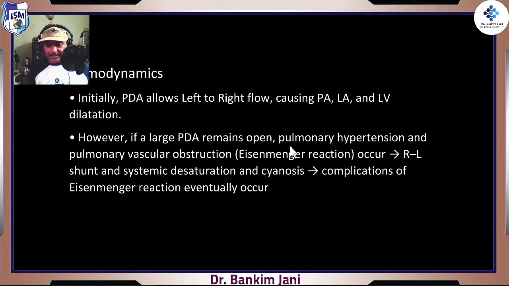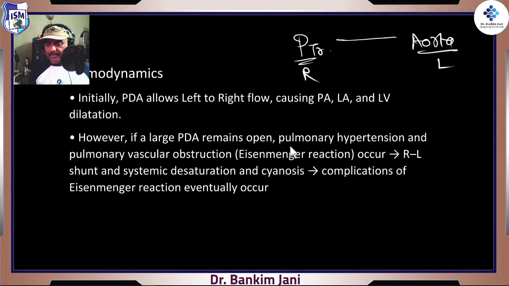PDA allows left to right flow, correct? Think of it like this. Pulmonary trunk is over here. This is the aorta. Aorta is under high pressure, and this one is under low pressure. This is on the right side, that's on the left side. There is a channel which is open, which was traveling from right side to left side during fetal circulation.